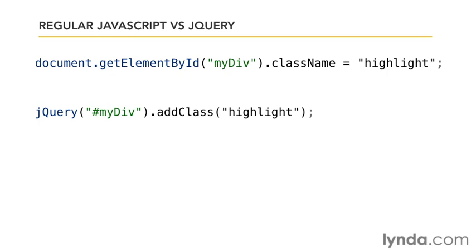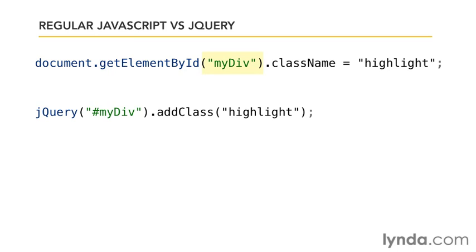There are two reasons why the jQuery version is preferable. First, with getElementById, we need this element to have an ID of myDiv in our HTML. And if it doesn't have an ID in the HTML, we can't get to it. But jQuery is much more flexible than that.